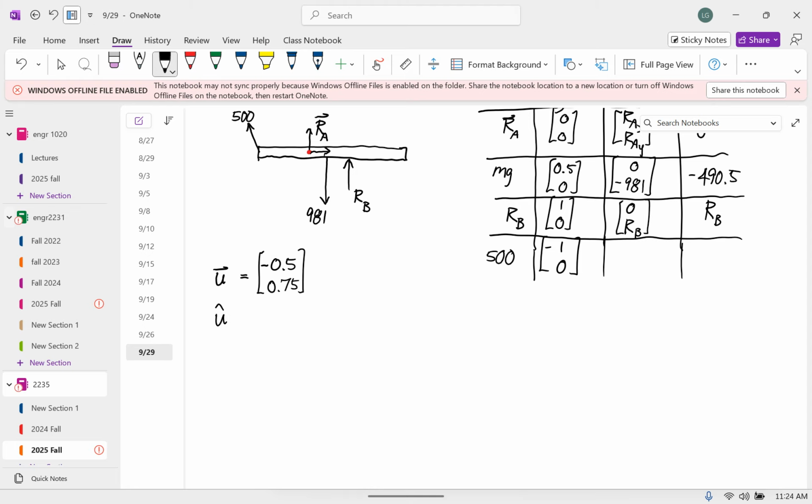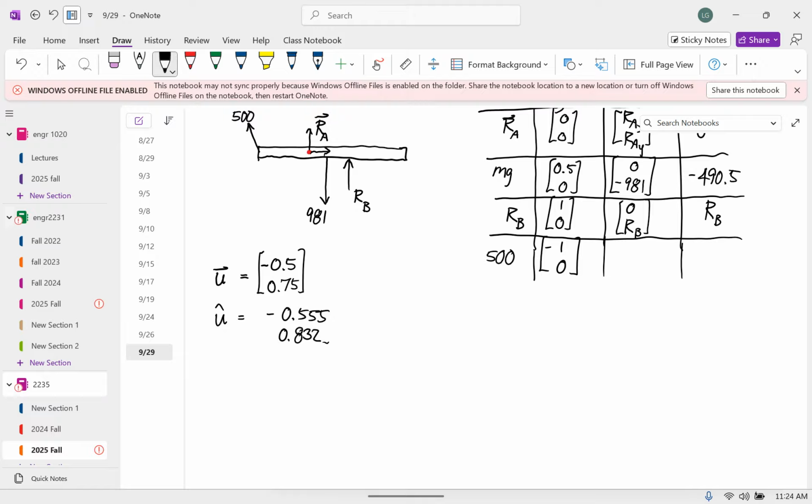Now a unit vector in that direction is negative 0.555, positive 0.832.